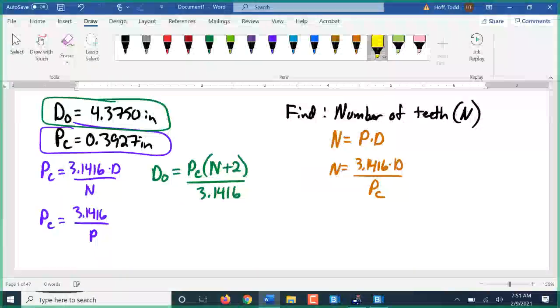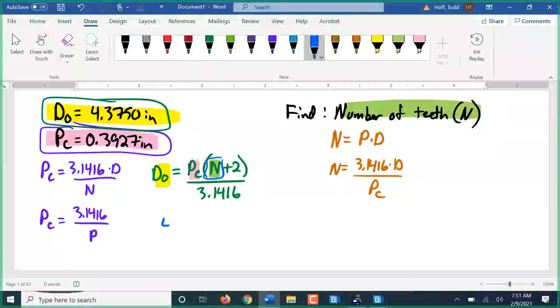Here, we have the outside diameter. We have the circular pitch. We're looking for the number of teeth. So that formula has all of the items in it that we're given or that we're looking for, and nothing that we're not given. So we can use that formula to work backwards to find the number of teeth.